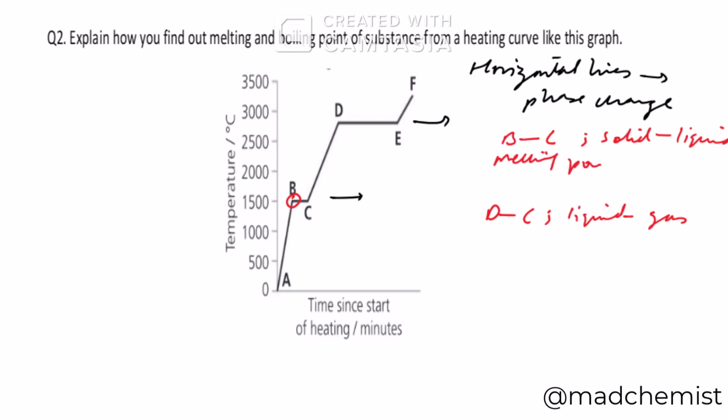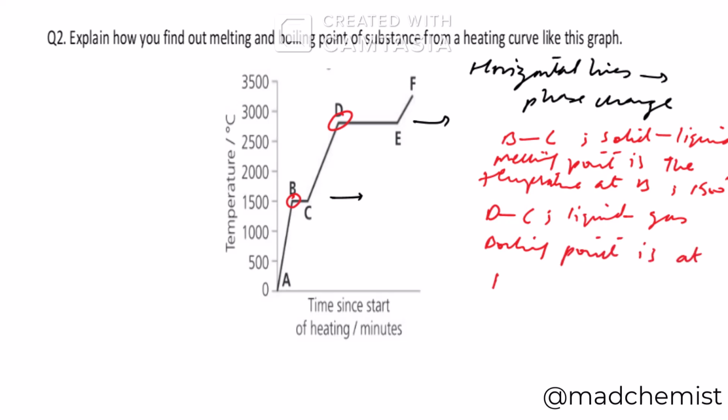Melting point is the temperature at B, and that is 1500 Celsius, while boiling point is the temperature at point D, and the temperature is 3000 Celsius.